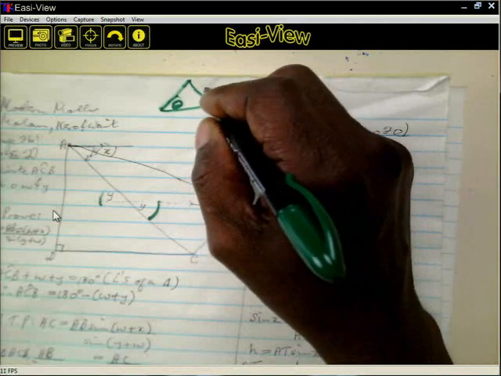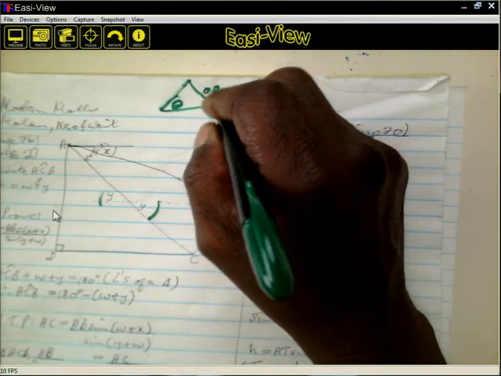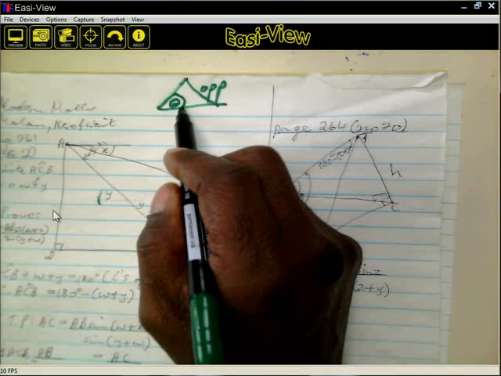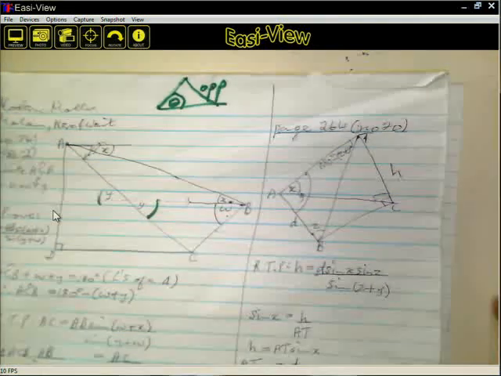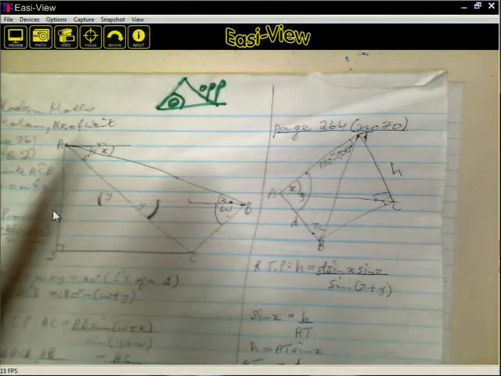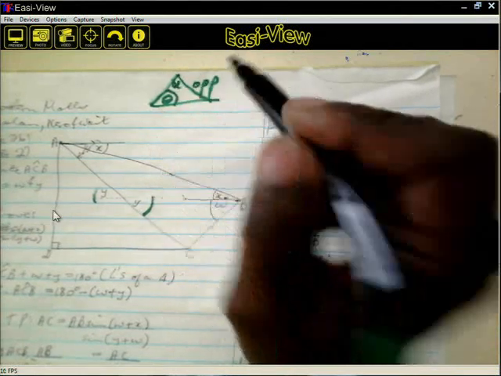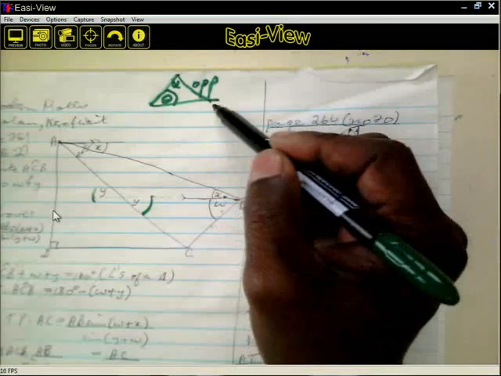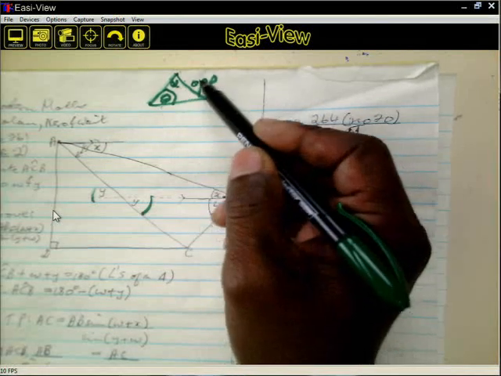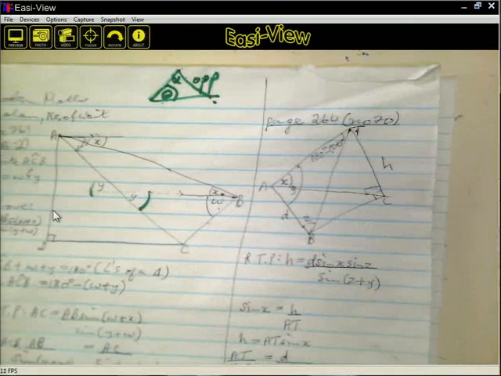This third side, which is not part of this angle, is opposite to the angle. If you had alpha here, this part is part of this angle and it is adjacent. It is opposite theta but adjacent to alpha.